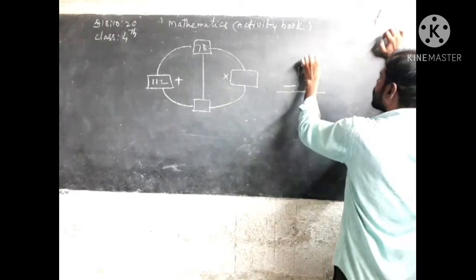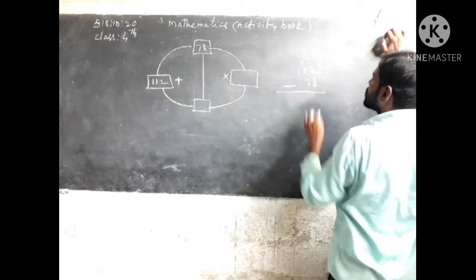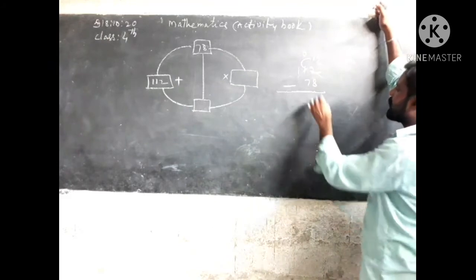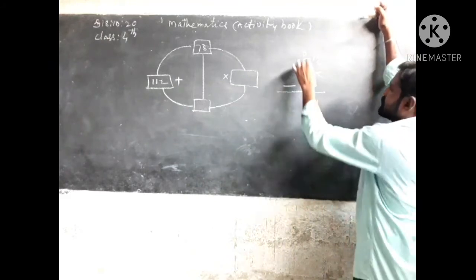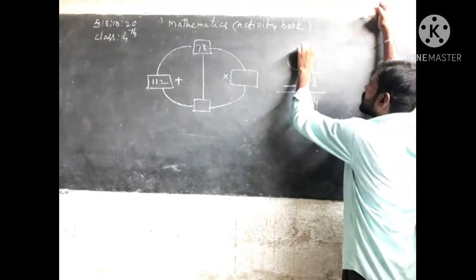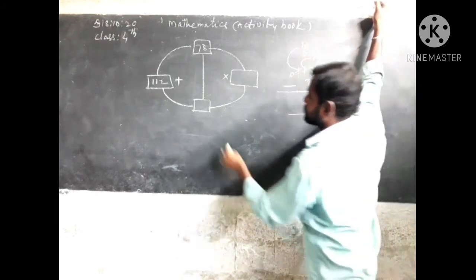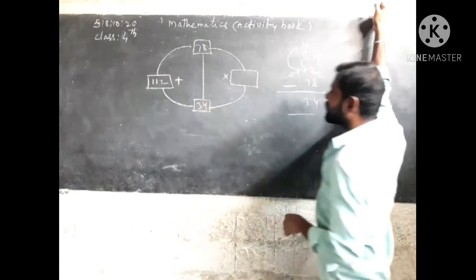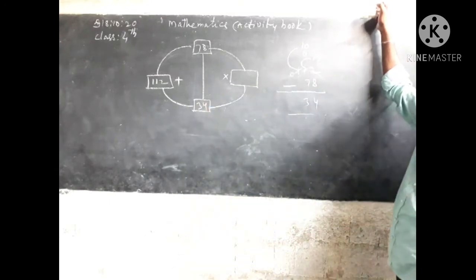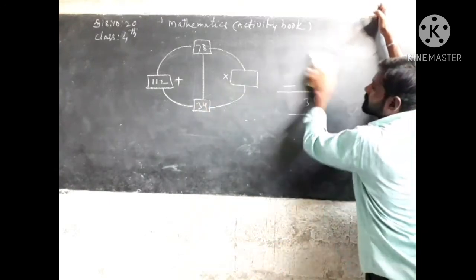Not possible. Take borrowing, here 12, it becomes 0 here. 12 minus 8, 4. 0 minus 7, not possible. Take borrowing, 10. 10 minus 7, 3, here 0. So 34. Now you can multiply 78 with 34.